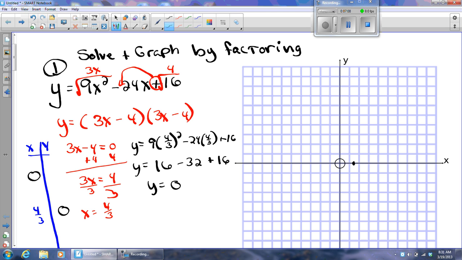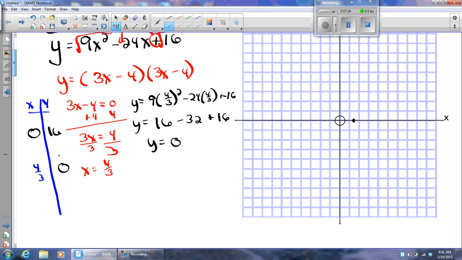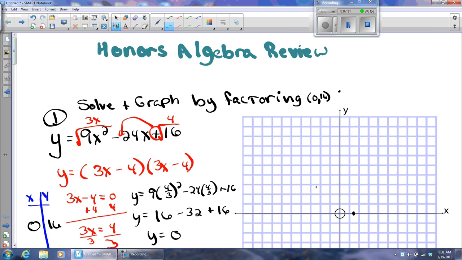All right, now I'm going to put two other values in, and I think I'm going to put 0 in for x. And when I do that, I'm going to get 16 out. Well, I know it's going to go off the graph, so I'm just going to put it up here, and I'm going to label it as 0, 16. Now I went 1 1/3 to the left, so I'm going to go 1 1/3 to the right, which is going to be 2 2/3, and I have to get 16. So I'm going to go to about here, and there it is.